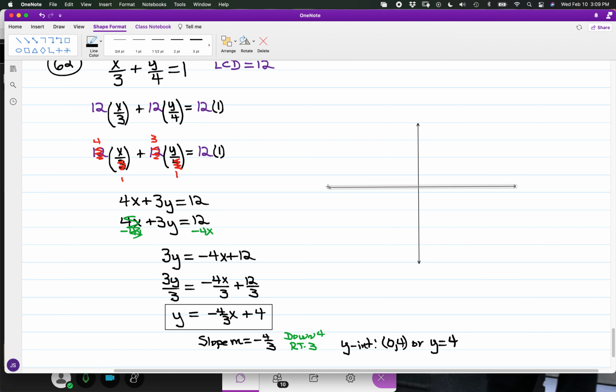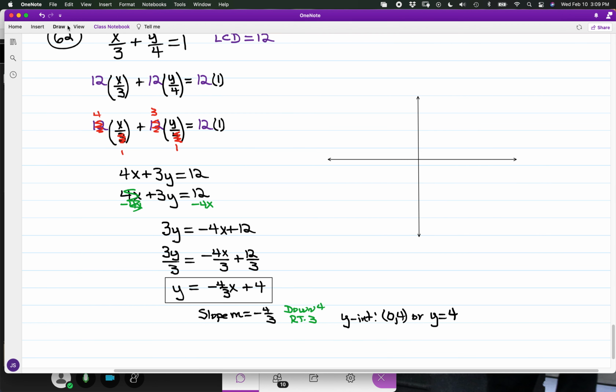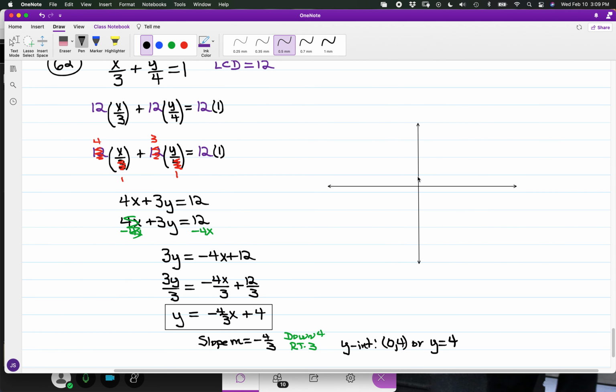Looking at what we have with the y-intercept, this is our starting point. So starting from 0, 4, the y-intercept is 0, 4.